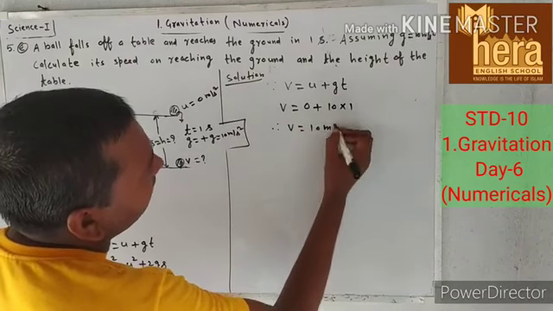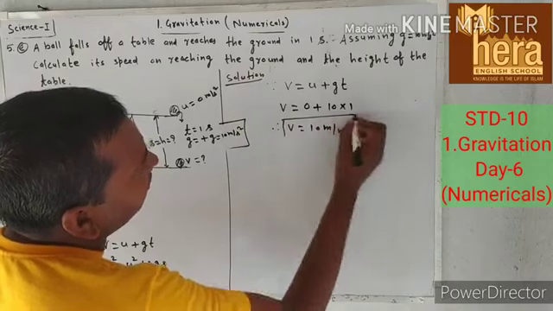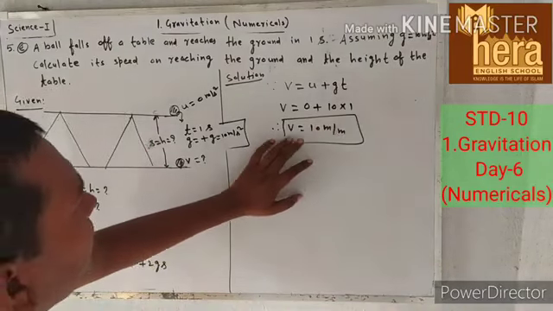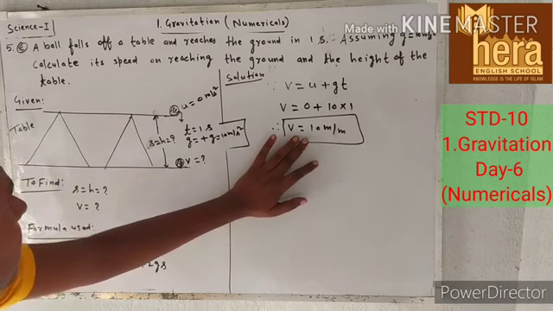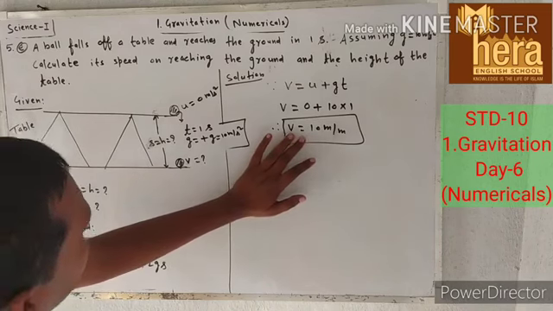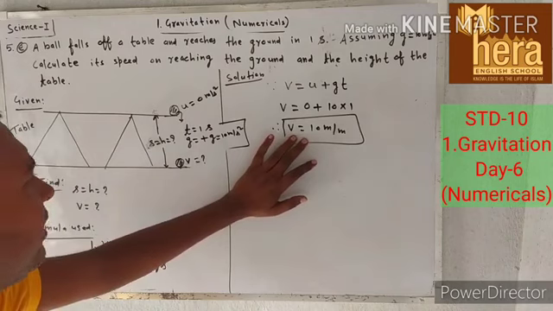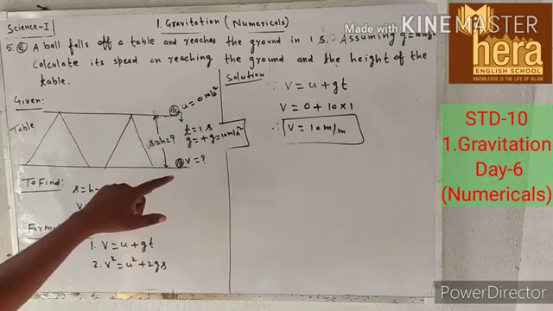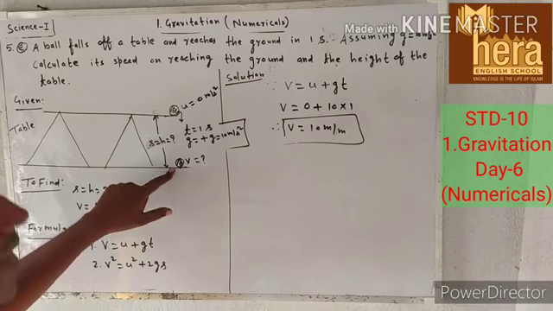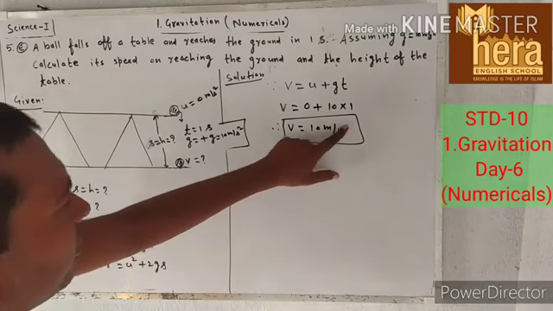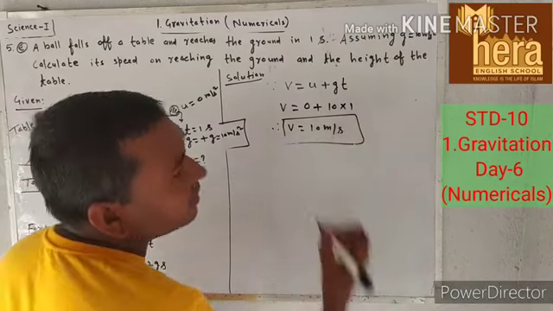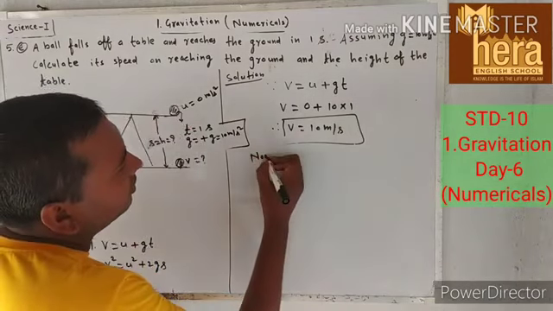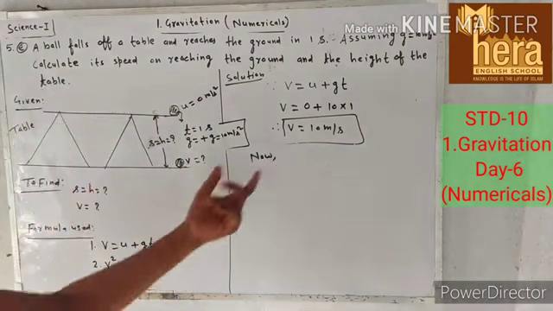Therefore, in language, how will you write? Therefore, the final speed of an object before reaching the ground is equal to 10 meter per second. Now, don't forget to write in language.